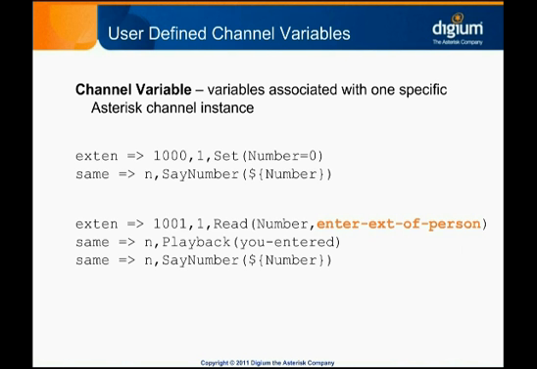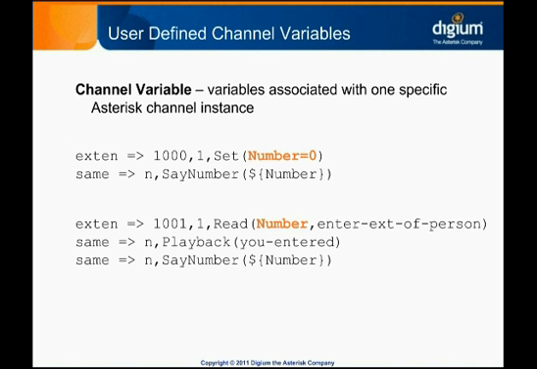You'll notice that we use the same variable name for both extensions in this example. This is not a problem in Asterisk because channel variables on one particular channel are completely independent of channel variables on any other channel. In other words, calls can be active to both extensions 1000 and 1001 at the same time, and the values of the number variables will not conflict with each other because each variable is limited to its own channel.